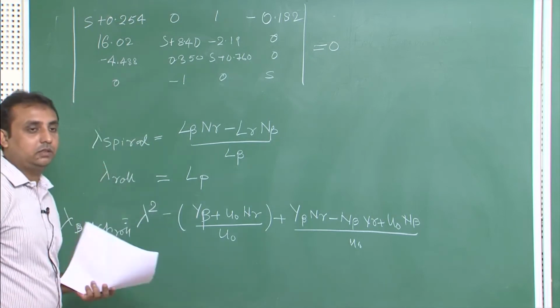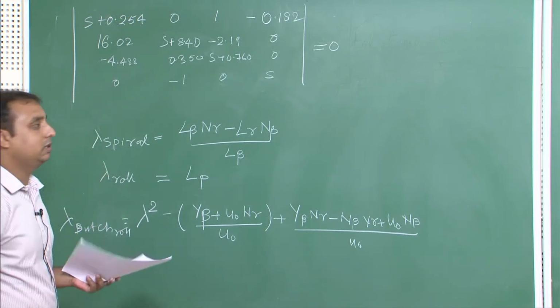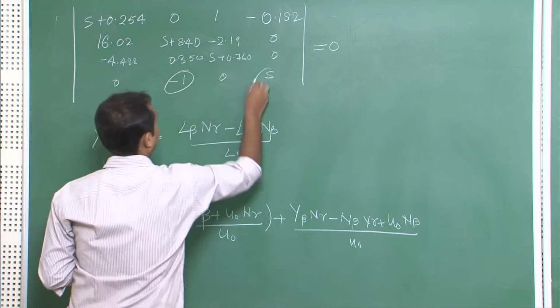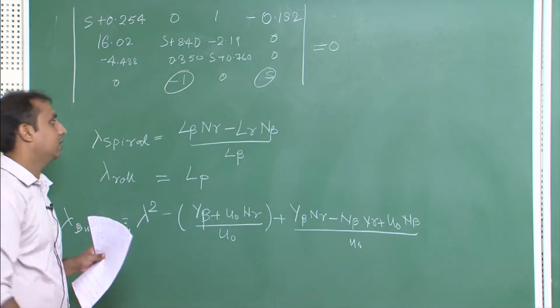For my convenience, the calculation will be easy if I choose this element and this element, because I have to deal with only two submatrices.